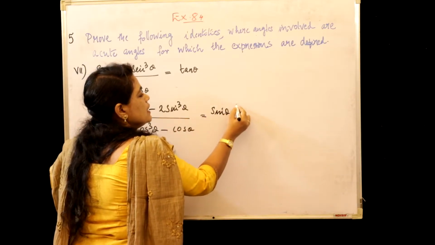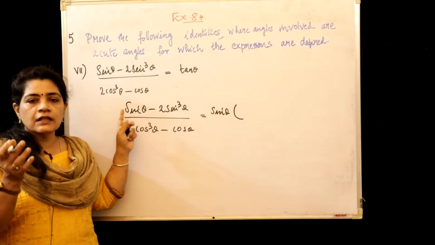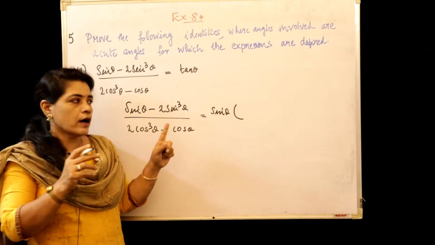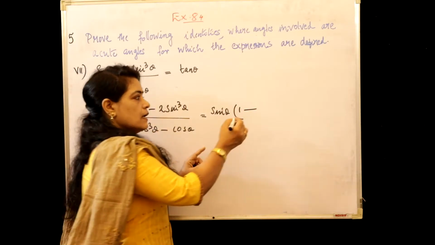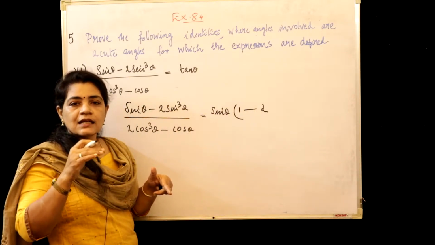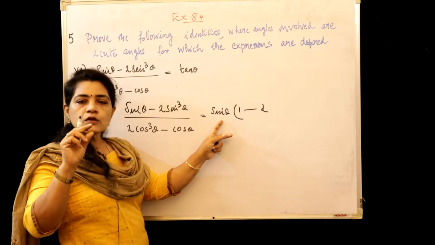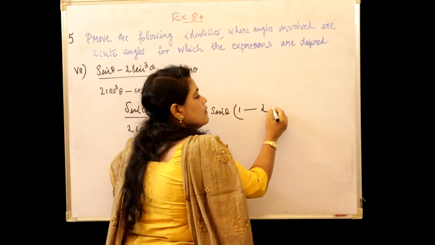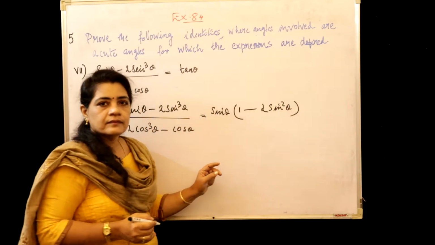Sin theta into, what will be there after taking sin theta? There will be sin theta by sin theta, that is 1 remaining, minus 2 sin square theta. So 1 sin theta I have taken outside, so sin theta into sin theta, so we will have sin square theta in the second term.